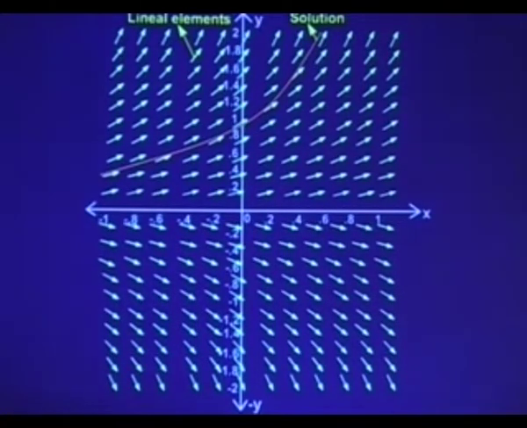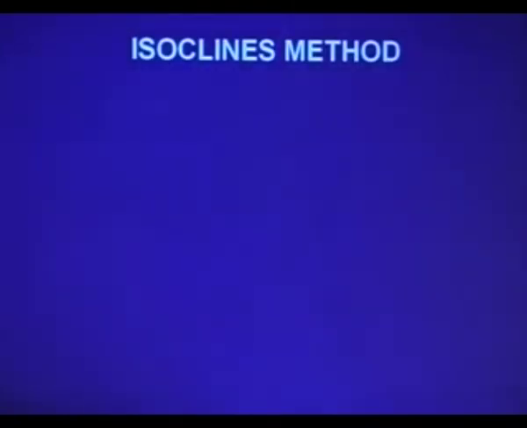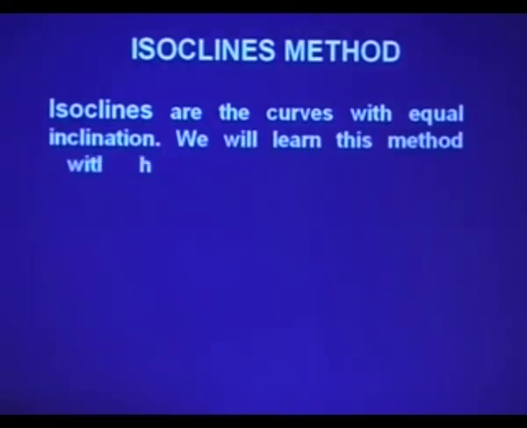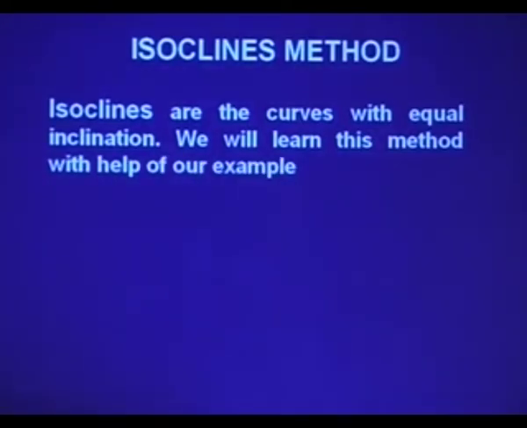This method, when drawing by hand, is called the isocline method. What are isoclines? Isoclines are the curves with equal inclination. That is, on one isocline curve, all the tangent points will have the same slope.